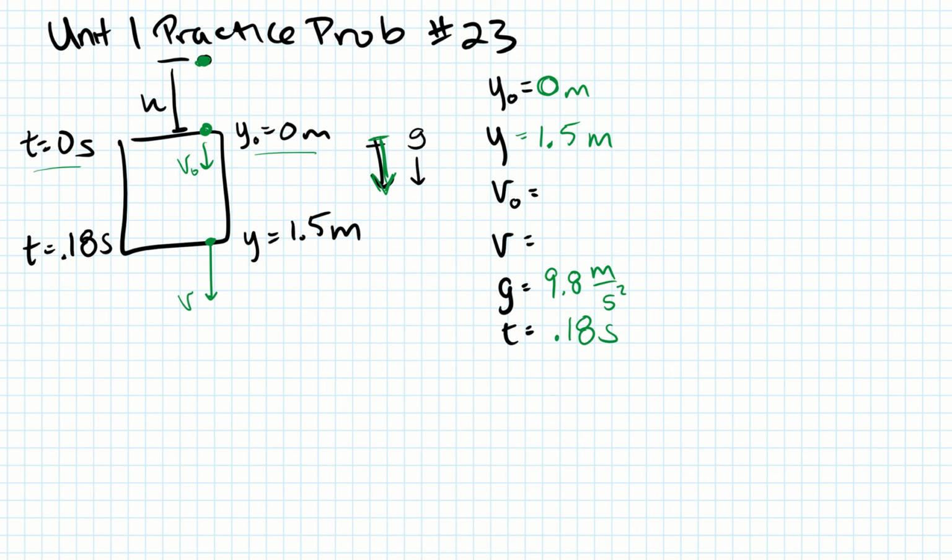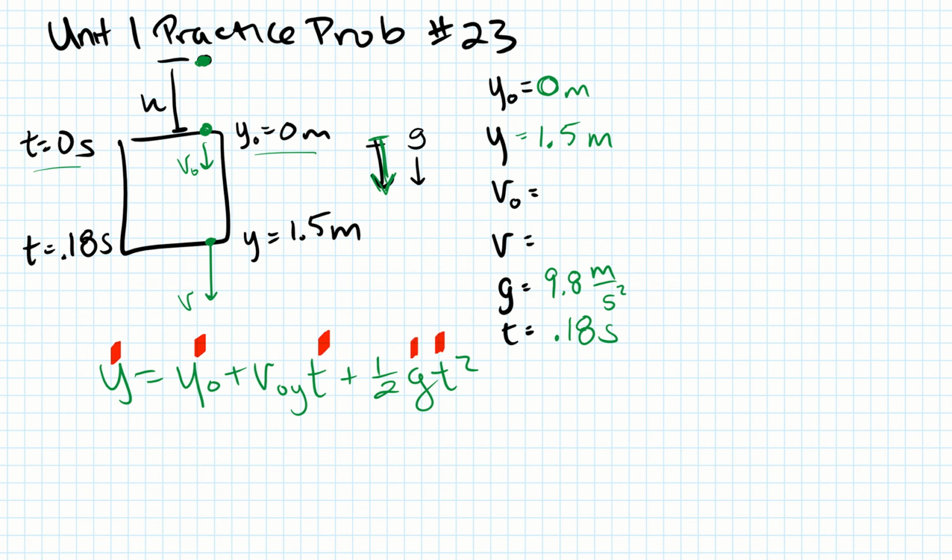So looking at what we know and what we're trying to find, it seems as though the equation that might be most helpful is y equals y naught plus v naught y t plus 1/2 g t squared, because we know y, we know y naught, we know the time, and we know g.